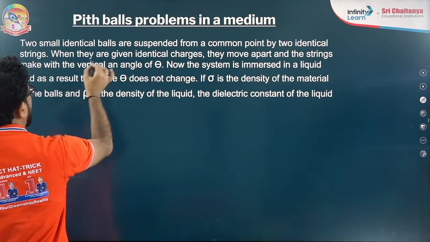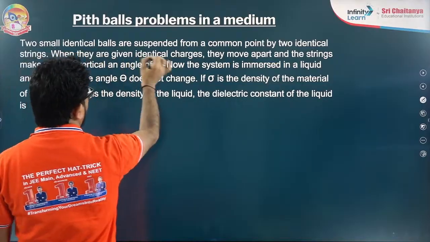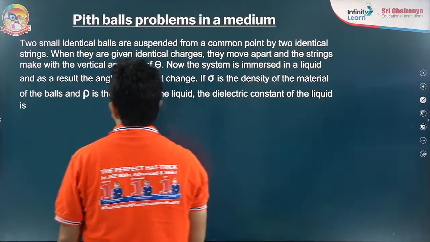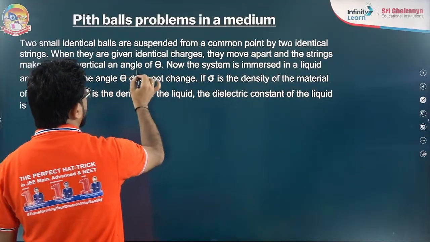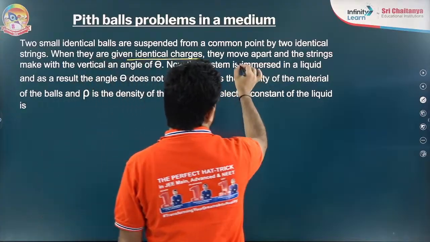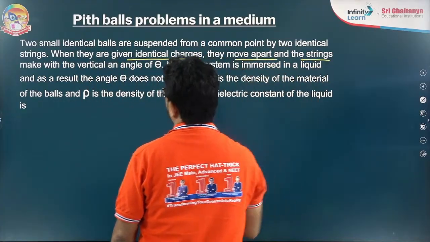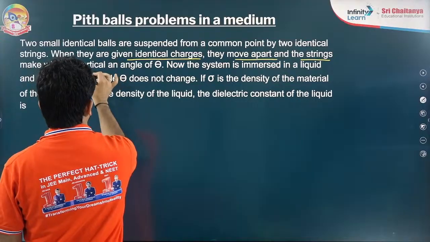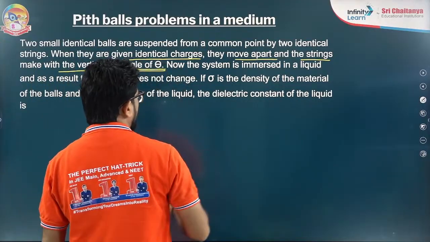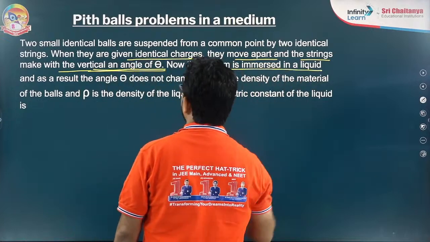Two small identical balls are suspended from a common point by two identical strings. When they are given identical charges, they move apart and the strings make an angle theta with the vertical. Now the system is immersed in a liquid.